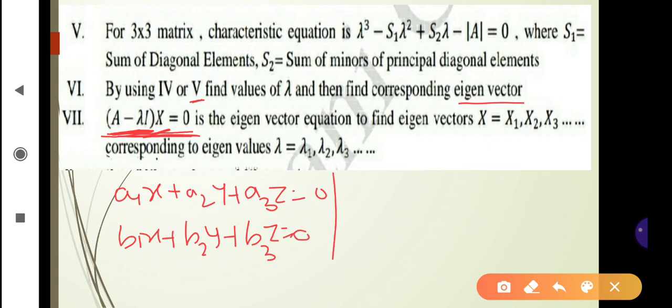So according to Cramer's rule, we have to calculate x, y, z. So x upon determinant of, now neglect the coefficient of x in both the equations, and write down the coefficients of y and z. The coefficient of y in the first equation is a2, of z is a3, and in the second equation b2 and b3.